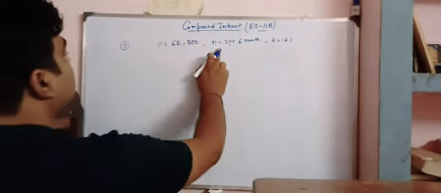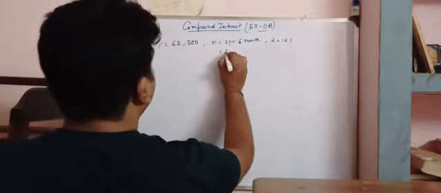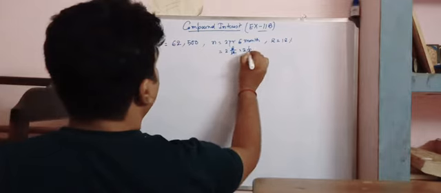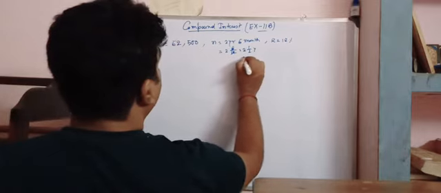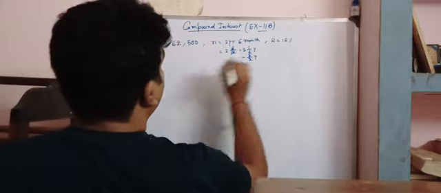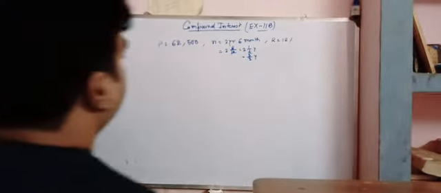Now we have to simplify n. 2 years means 2 whole, 6 months means 6 by 12, which means 1 by 2 year. So n is equal to 2 and a half, that is 5 by 2 years.